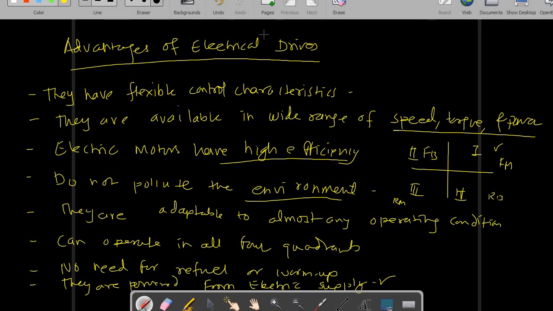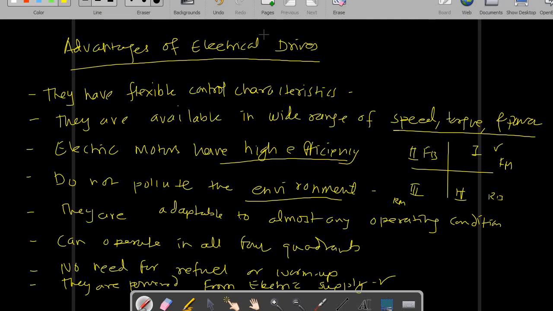Second, during transient operation such as starting, braking and speed reversal, it restricts the current in the motor and source. Third, it converts electrical energy into the suitable form required for the motor. And fourth, it selects the mode of operation. So these are the functions of the power modulator.